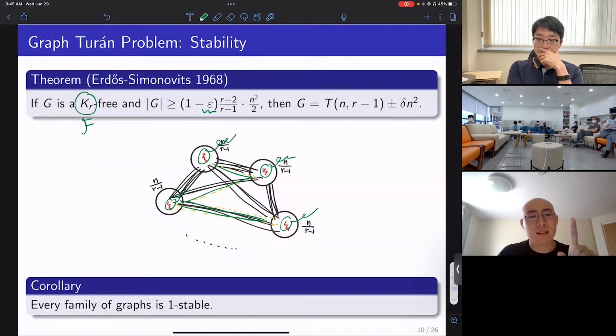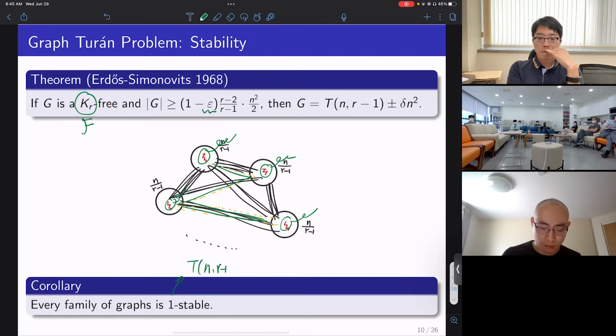One means you can approximate the structure of G using only one structure, meaning the structure of the Turán graph. So everything is close to the Turán graph. Stable means you have this type of stability result. So here one means the Turán graph. Stable means Erdős–Simonovits stability.